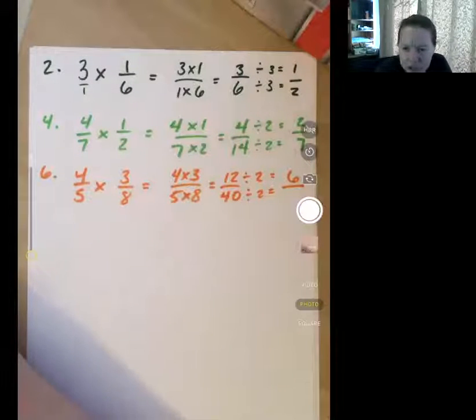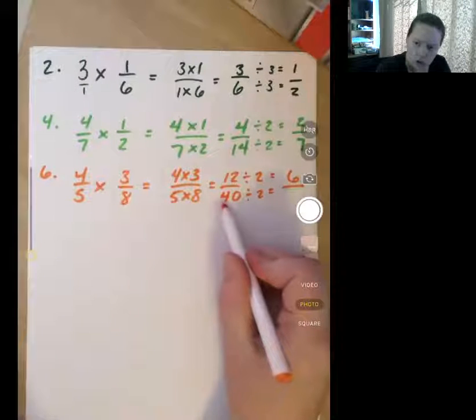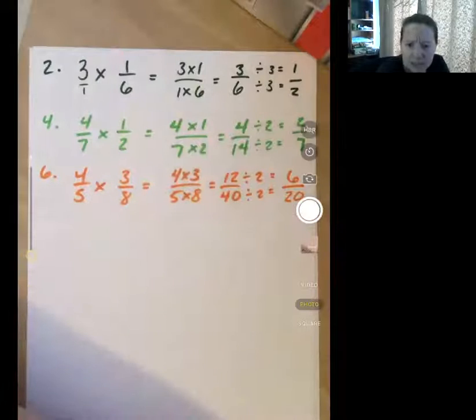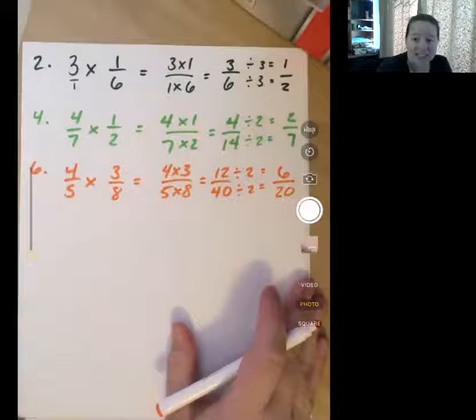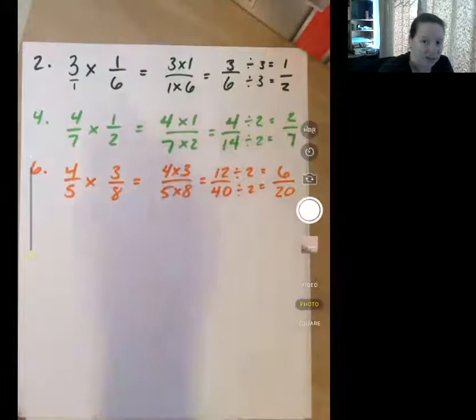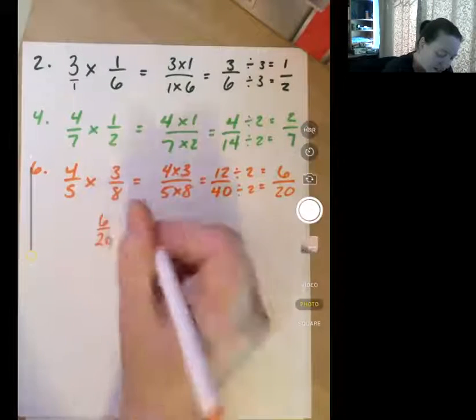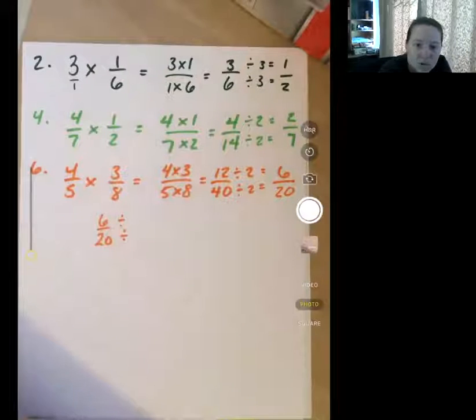And 40 divided by 2 looks a little hard on the surface, but if I can remember that 2 goes into 4 2 times, I just put a 0 after that. When I look at the 6/20, I realize, oh, wait a second, that's still able to be made smaller. So let's do 6/20. And I'm going to divide out a 2, 3, or 5.